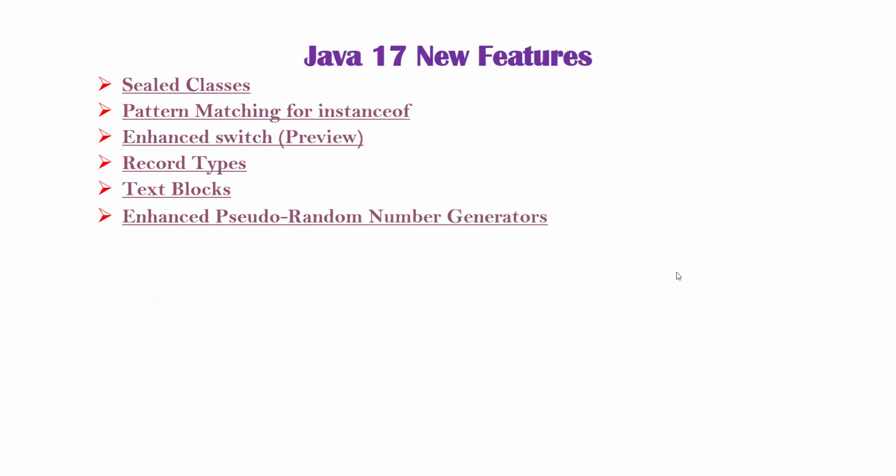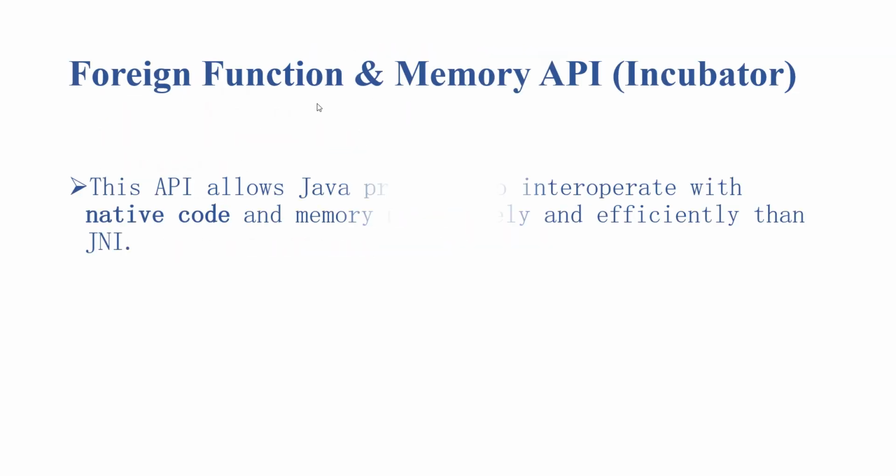The next feature is the foreign function and memory API, in incubator. This API allows Java programs to interact with native code and memory more safely and efficiently than JNI.